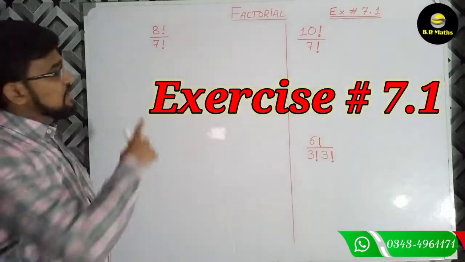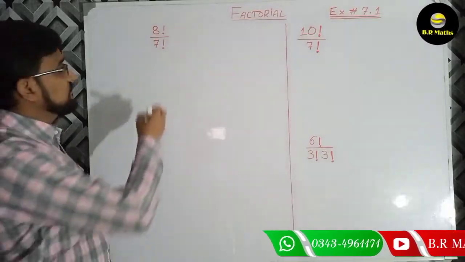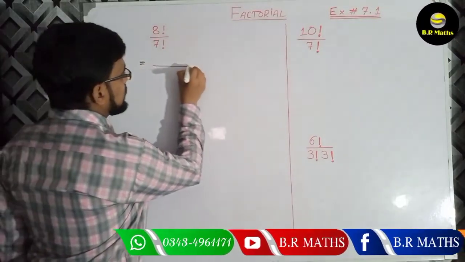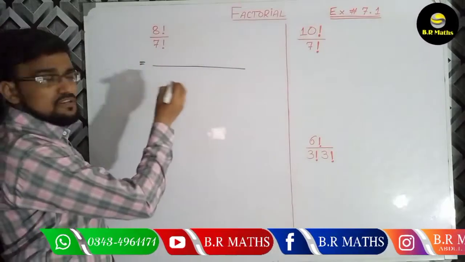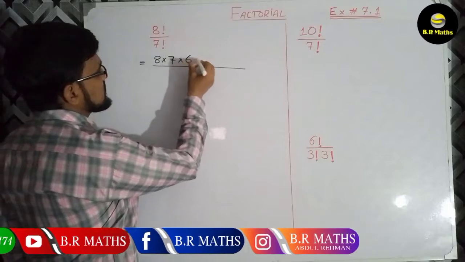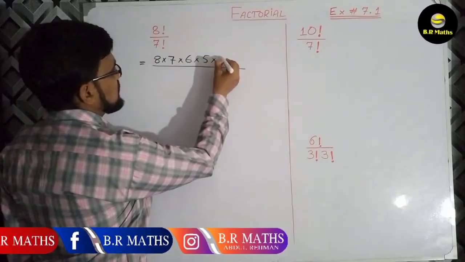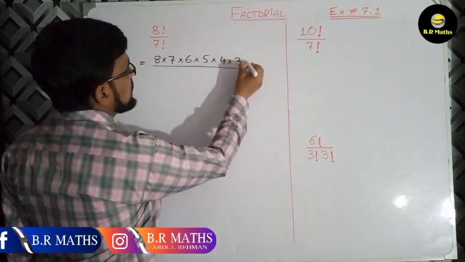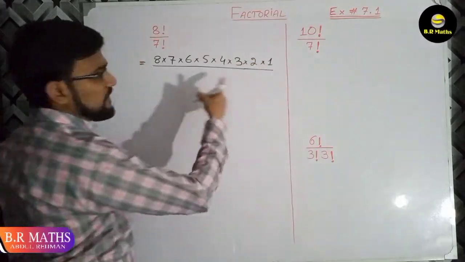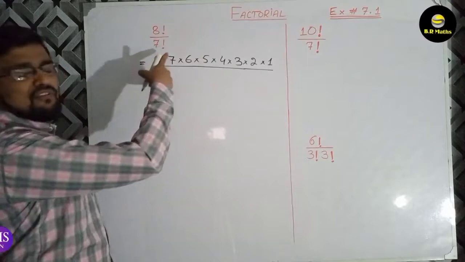The question is 8 factorial divided by 7 factorial. According to the definition, 8 factorial means 8 multiplied by 7, 6, 5, 4, 3, 2 and 1, divided by 7 factorial.